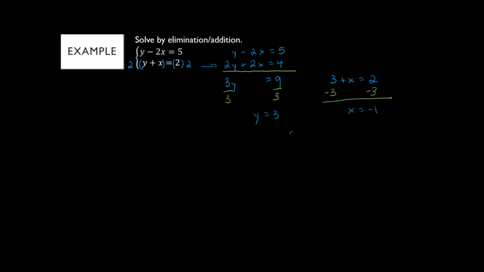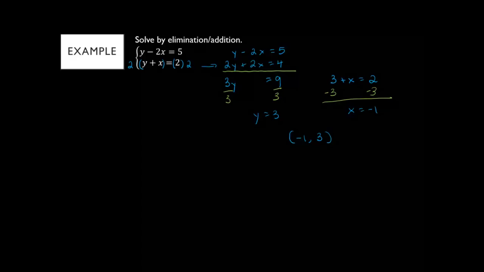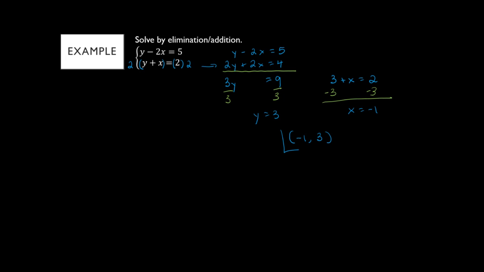So now my ordered pair is x comma y, so it's -1 comma 3. So that's my solution. So that's using elimination or addition. I multiplied one of the equations by a number, so that way I had coefficients that were the same but opposite in sign. Add, solve, and then plug that in to get your other answer.